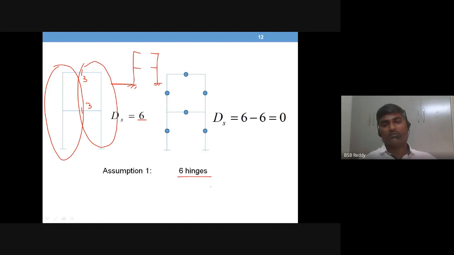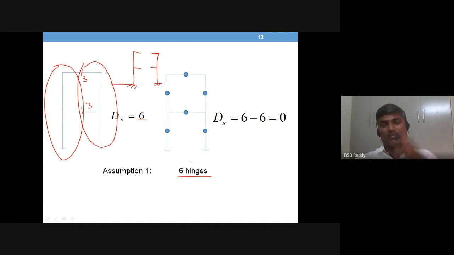Okay, so without going for the second assumption, why is the second assumption not required? Because there are no external and internal columns, only external columns are there, no interior column, because it is a single bay structure.